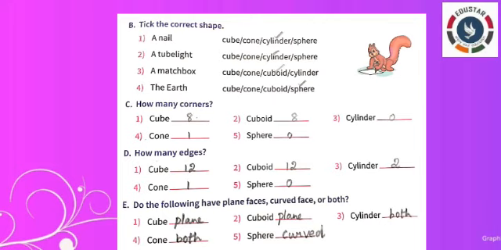Number 3, cylinder. Cylinder has both plain and curved faces. Number 4, cone. Cone has both plain and curved faces. Number 5, sphere. Sphere has a curved face.